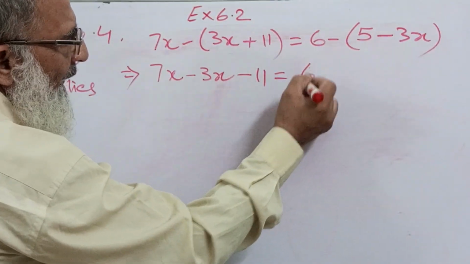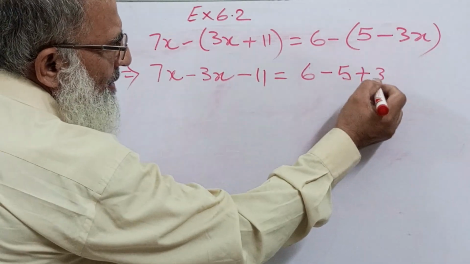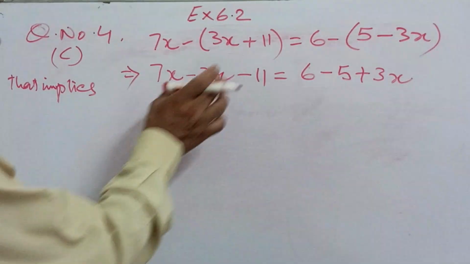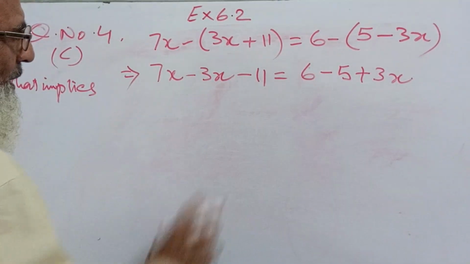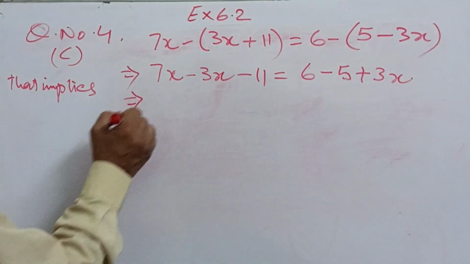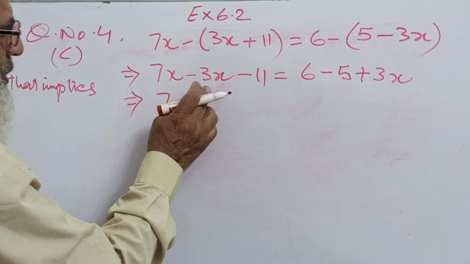Same thing will happen over here: minus 5 and plus 3x. The same signs will give you positive, different signs will give you negative. So see, there is a subtraction and addition over here and also over here.